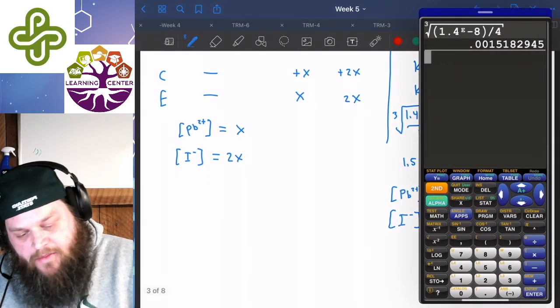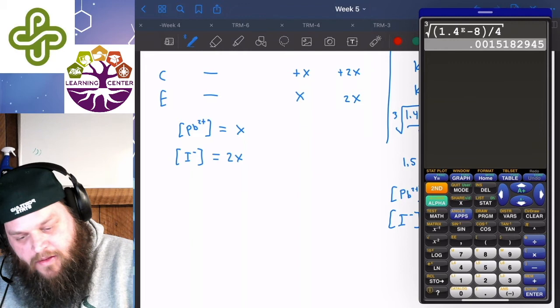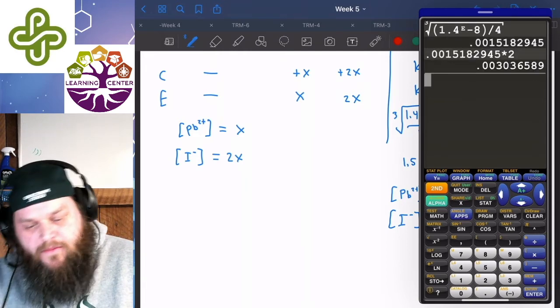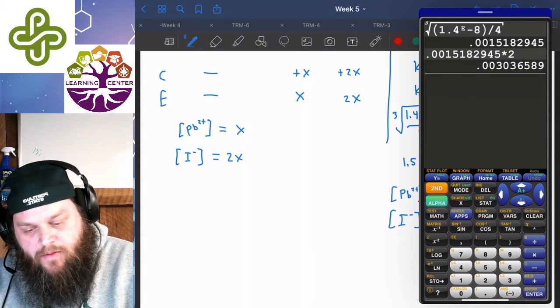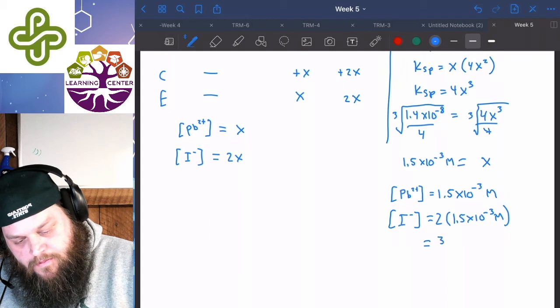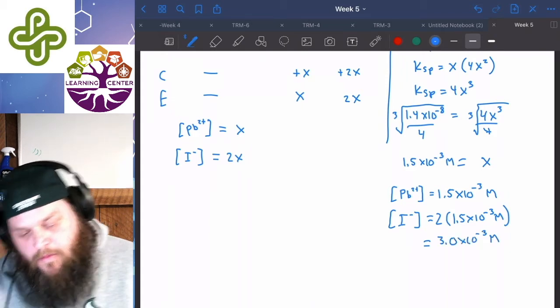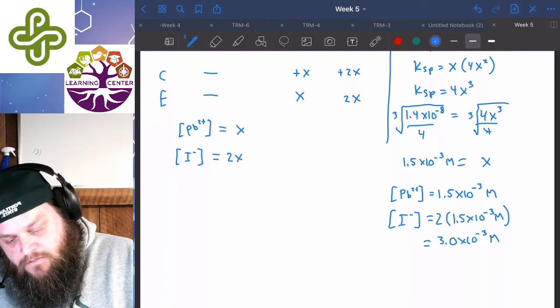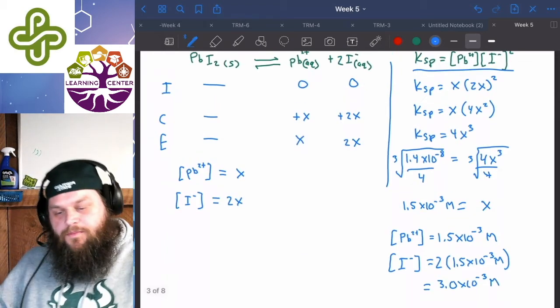So going back to my calculator, if I just multiply this value times 2, I get 3 times 10 to the negative 3 molar, which is the concentration of your iodide.